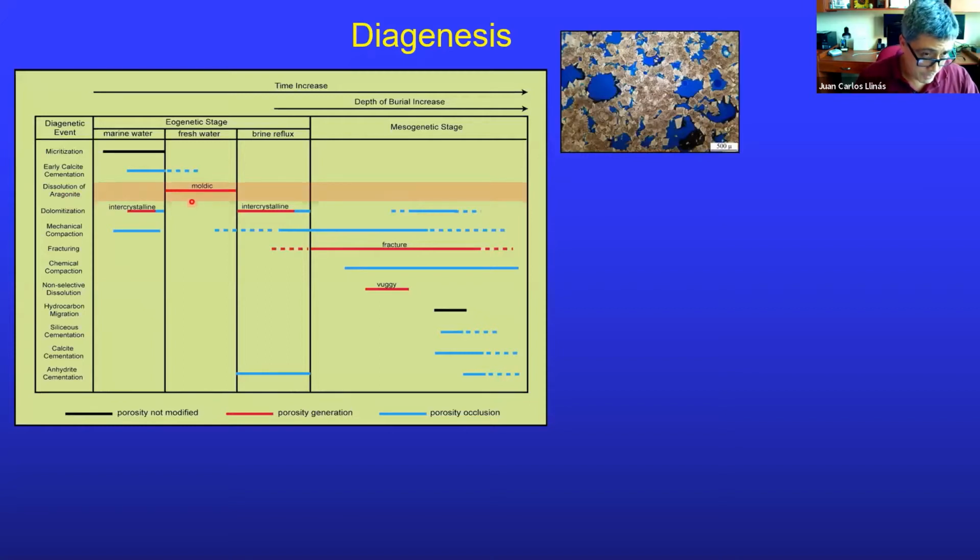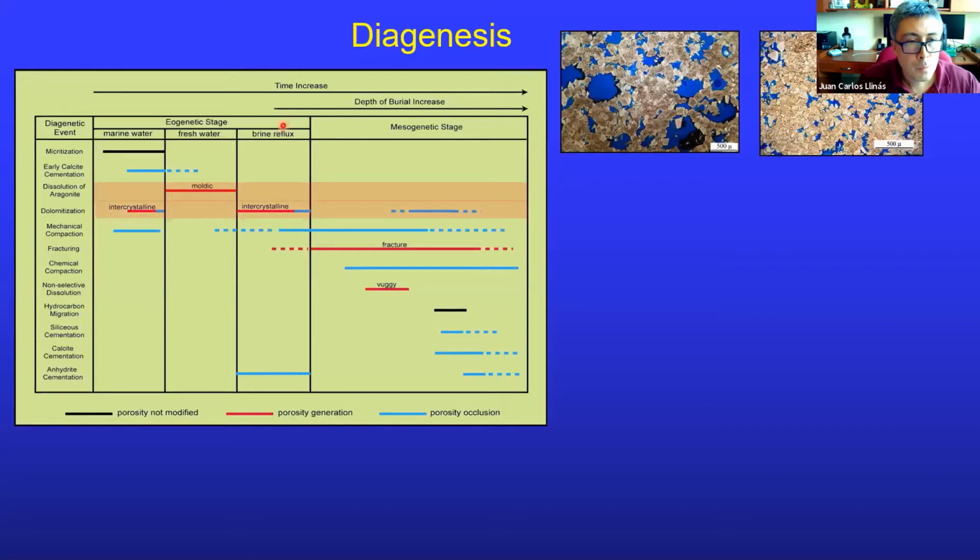This is a very early process in the diagenetic history. Here you have an example of the dissolution of the ooids or peloids that were in the original fabric of the rock. Then we have dolomitization, as I mentioned before. The entire section is intensely dolomitized, and this generates new intercrystalline porosity and also improves substantially the permeability among the different porosity types, including pores that are normally not connected, like moldic porosity.